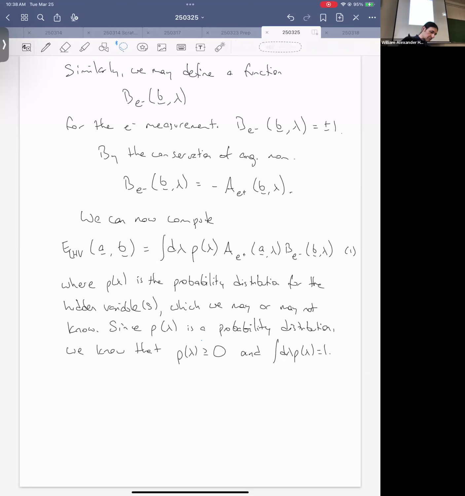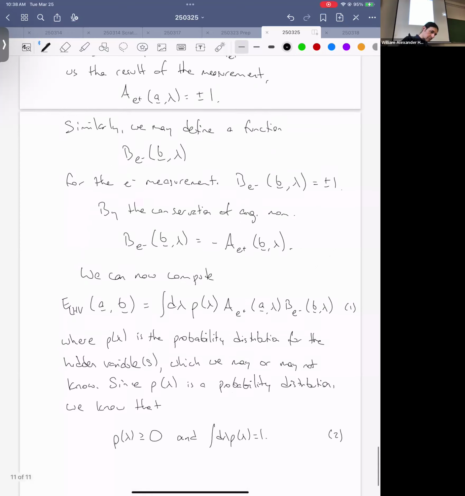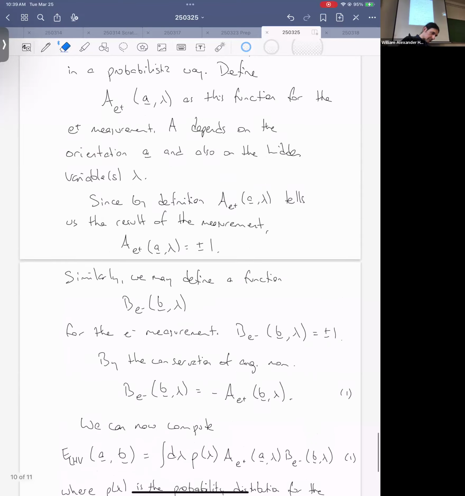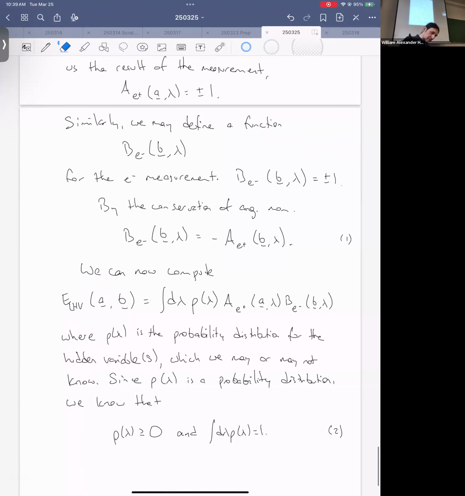So I would say this is probably equation 2. And that's over the whole domain of lambda, whatever that may be. Okay. Sorry, let's name this 1. Let's name this 2. Let's name this 3.